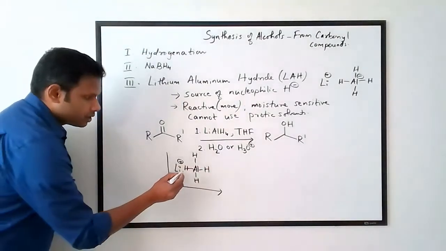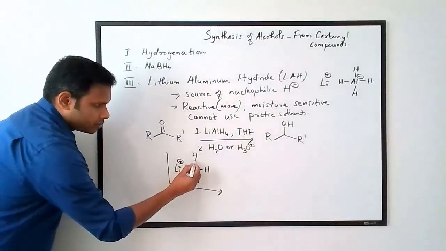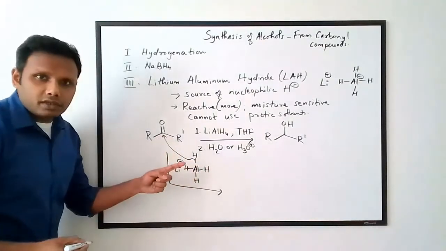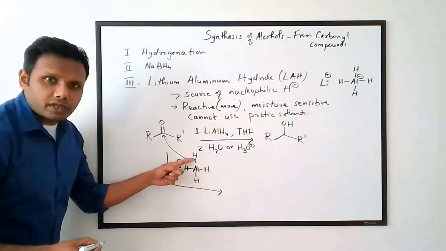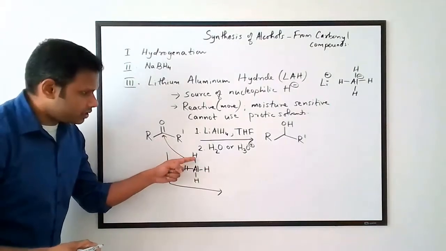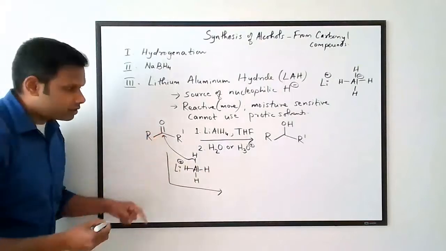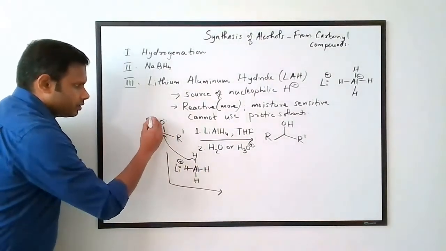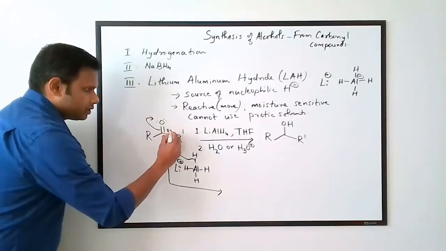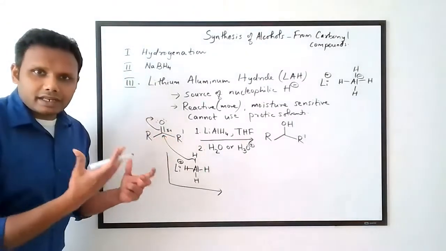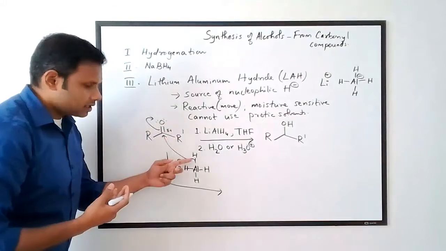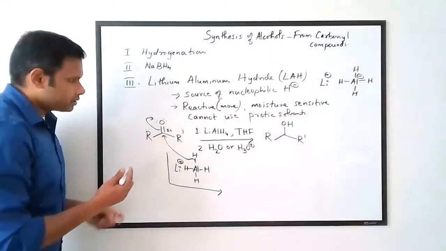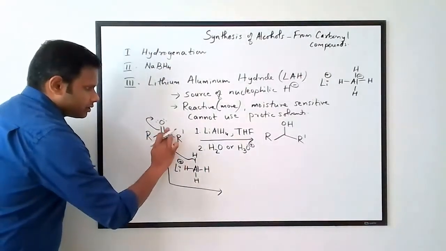So very similar to the sodium borohydride, I'm going to take this hydrogen along with that electron pair. So my electron push starts from that bond because the hydrogen is taking the electron pair with it, goes and attacks the carbonyl carbon, because this carbon is delta positive. That's where the electrophilic site is. This hydride is H minus. So this is delta positive.